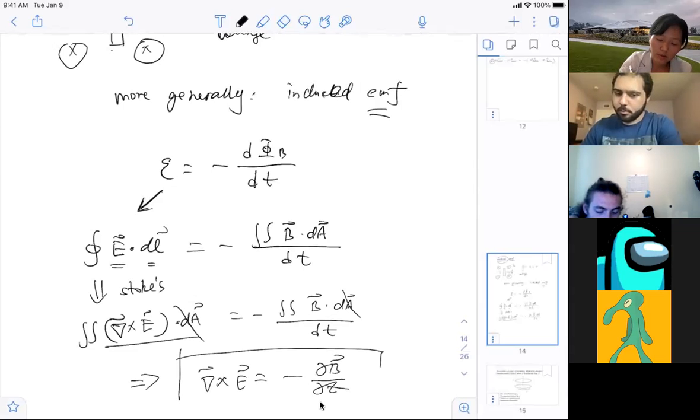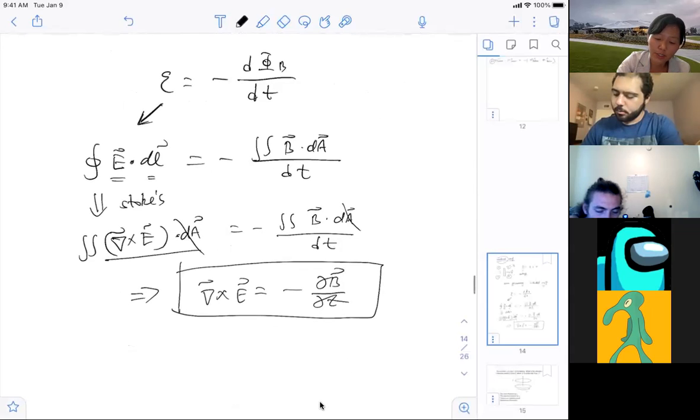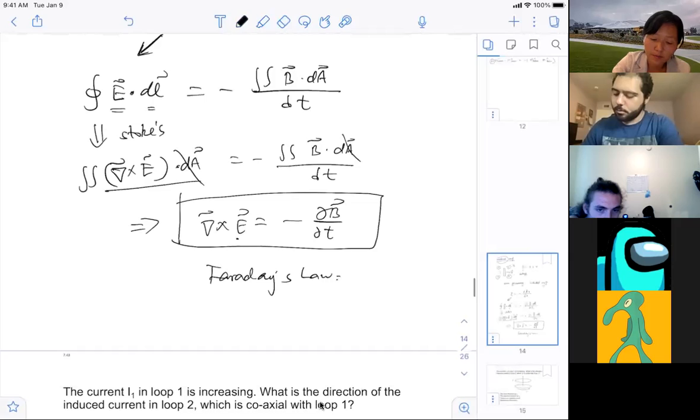Okay, so this is Faraday's law. And the meaning of that is if your B field is changing with respect to time, you will have an E field. A changing B field produces an E field, right? And the negative sign here is very important.